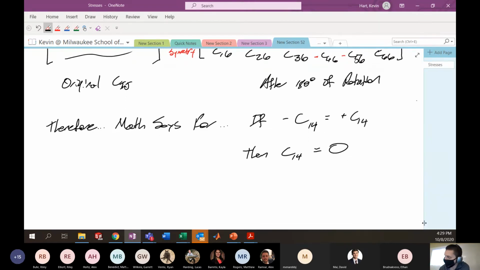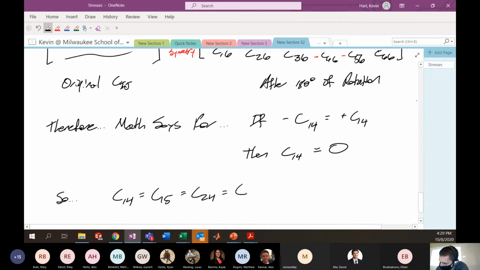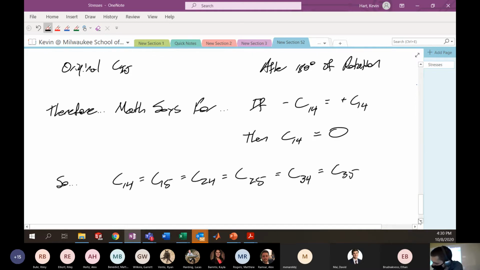And not only C14, but also all these other ones: C15, C24, C25, all the ones that I put negatives on, C34, C35, C46, C56.